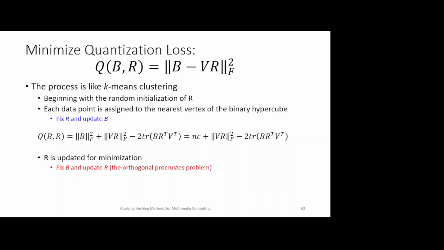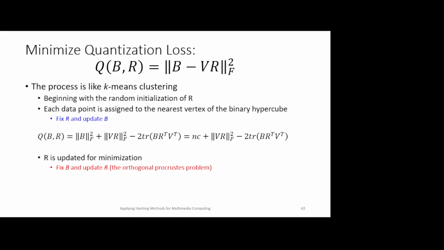We get the norm of B squared plus the norm of V times R squared, and minus 2 times the trace of B R transposed V. TR means trace, the sum of the diagonal elements. So this is the expansion of the norm of B minus VR squared.